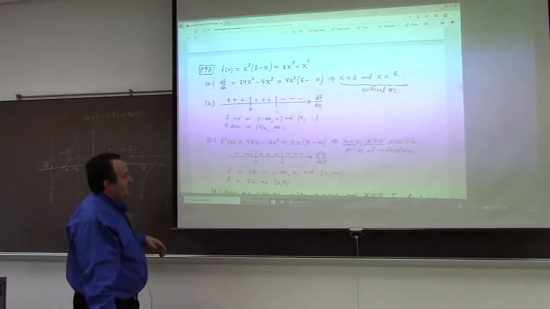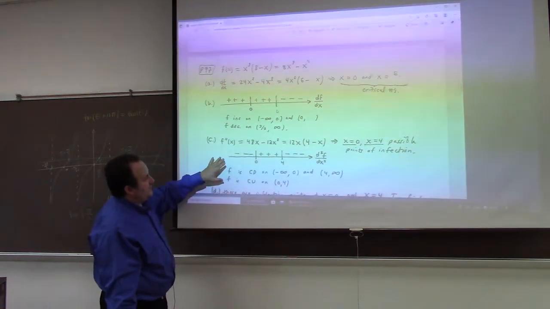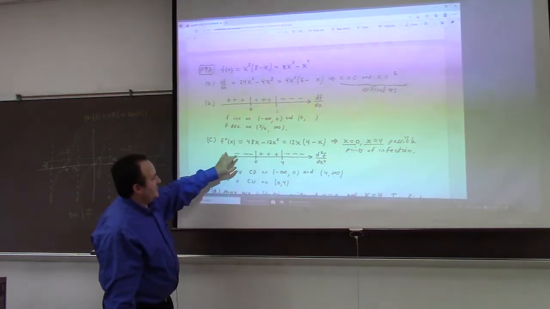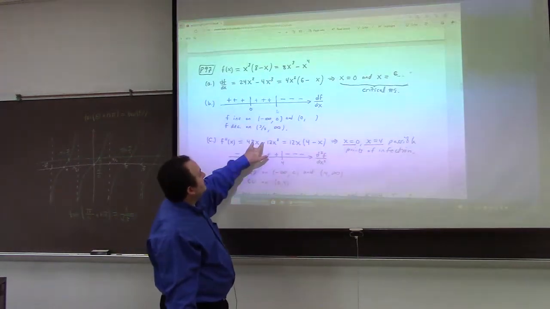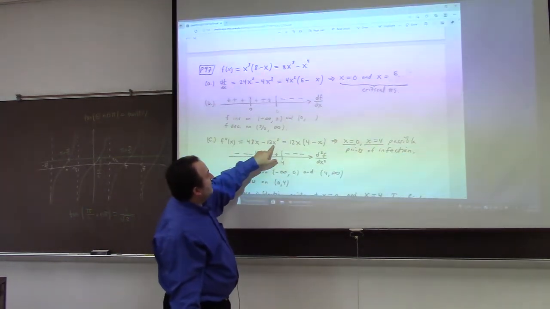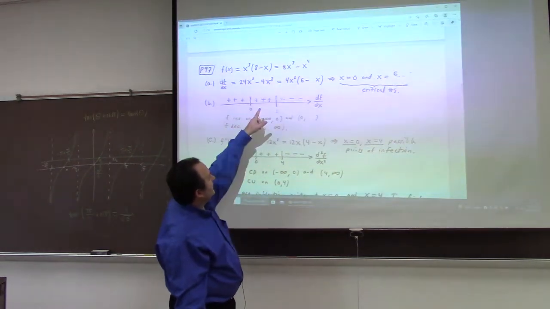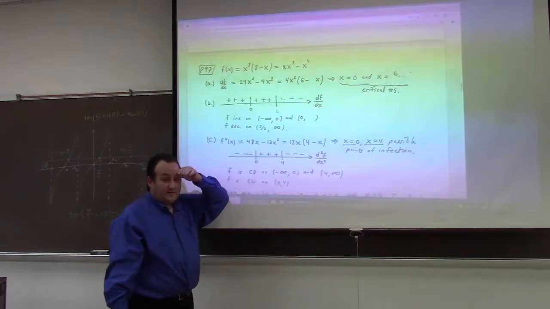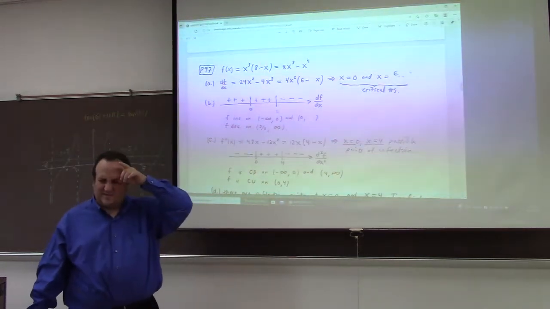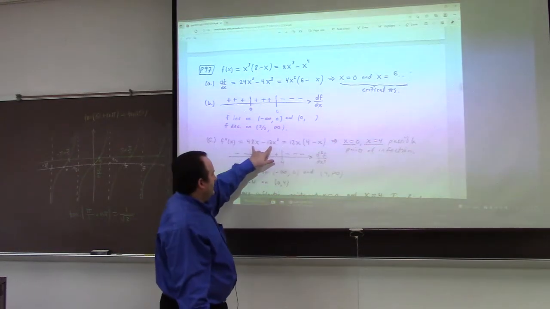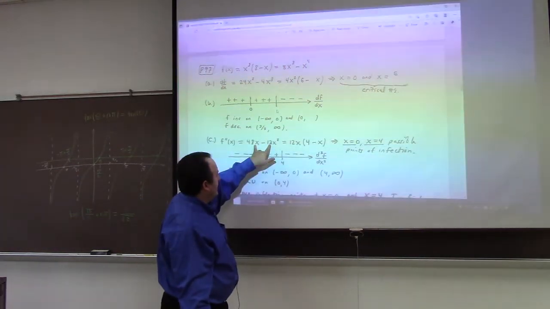So part C, to figure out possible points of inflection, you set the second derivative equal to 0. So the second derivative is 48x minus 12x squared. When I'm differentiating a polynomial, I'll always go for the standard form for differentiating. Almost without exception, that's easier. But when I do that, I can pull out a 12x.